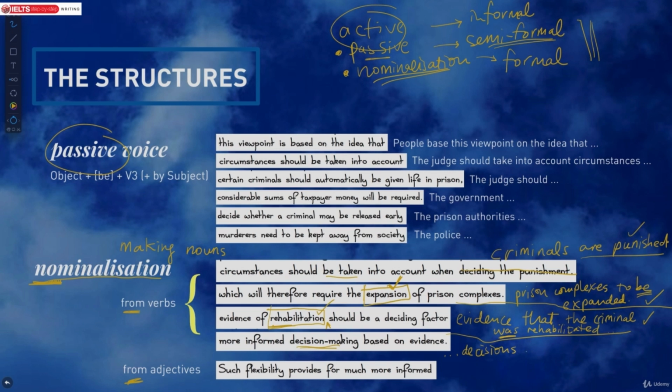Decisions are made based on evidence. Okay. So decisions are made. Informed decisions. That's what I want to say.